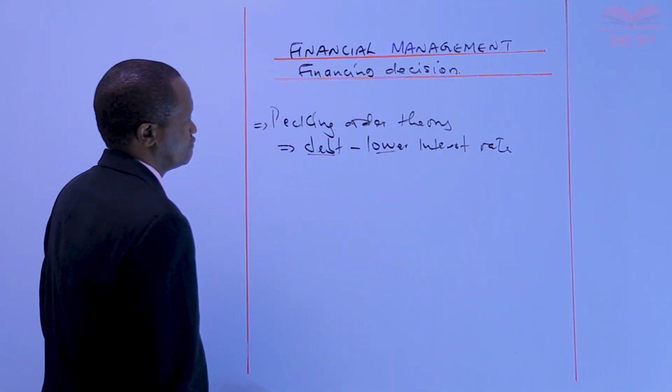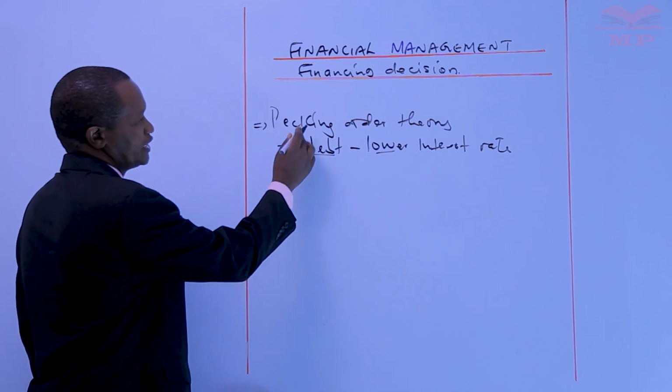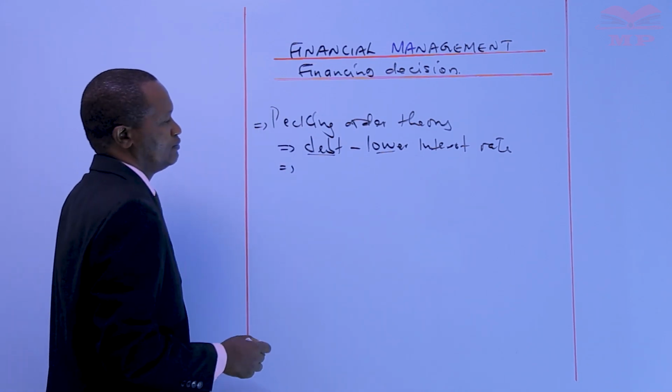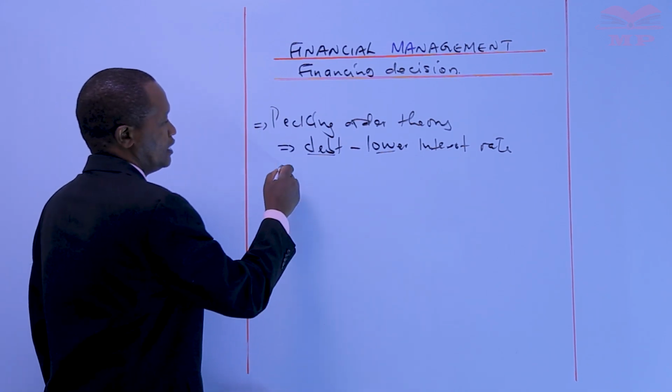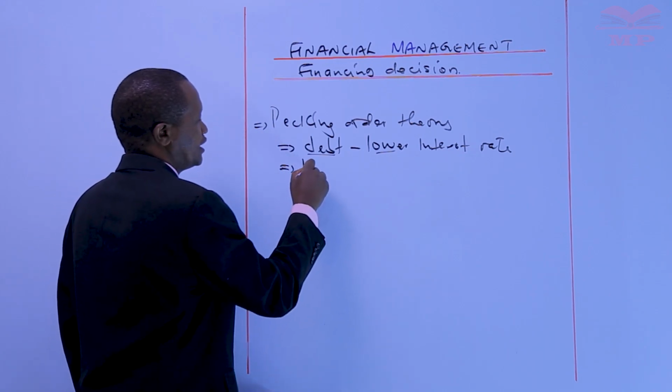I also mentioned that under pecking order, a firm should opt for internal sources.